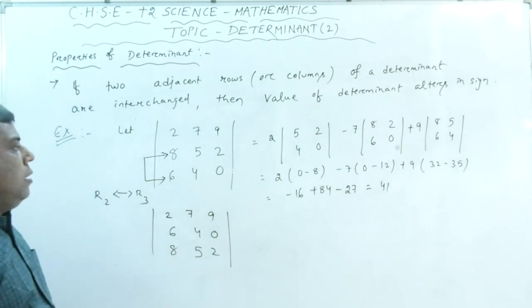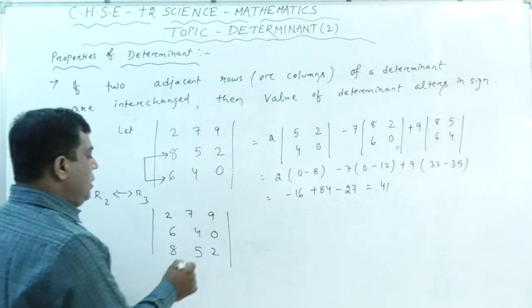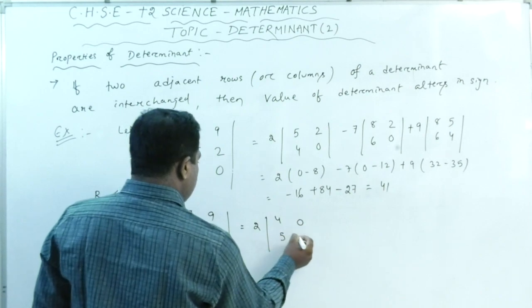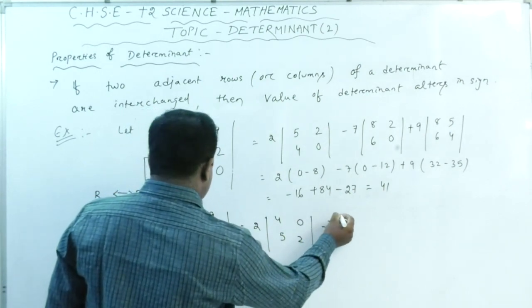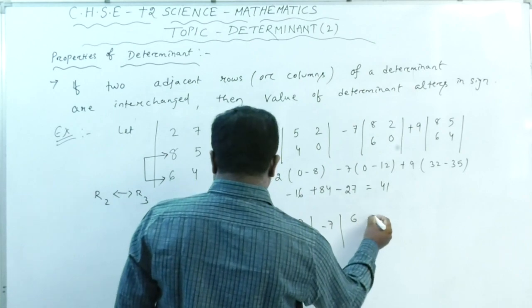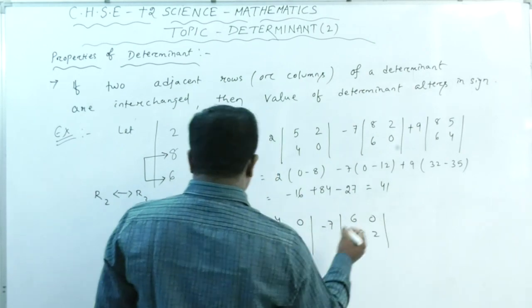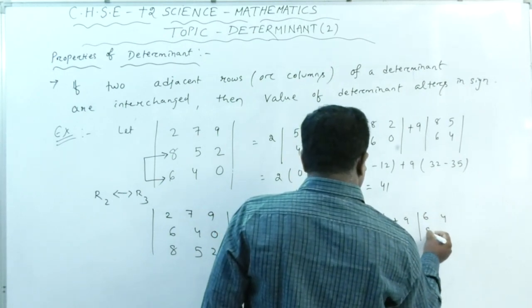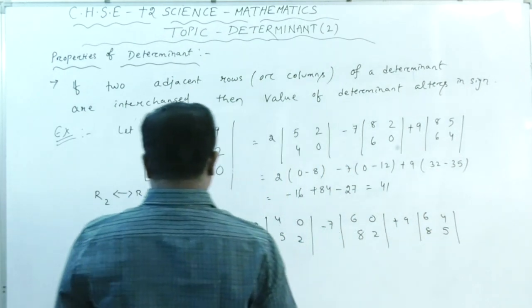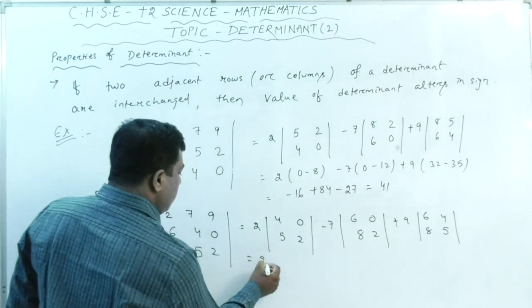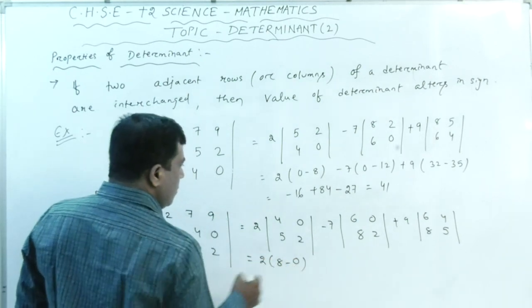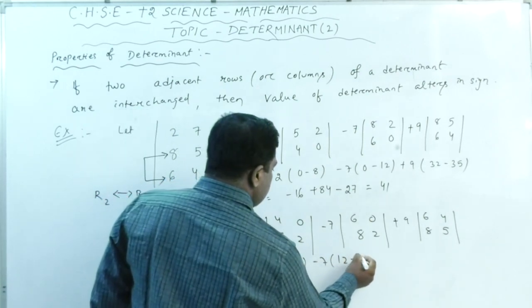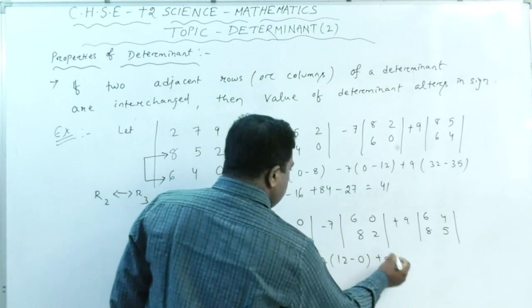Clear? Now how to evaluate this determinant value? It is 2 times of, minus 7 times of, and 9 times of.